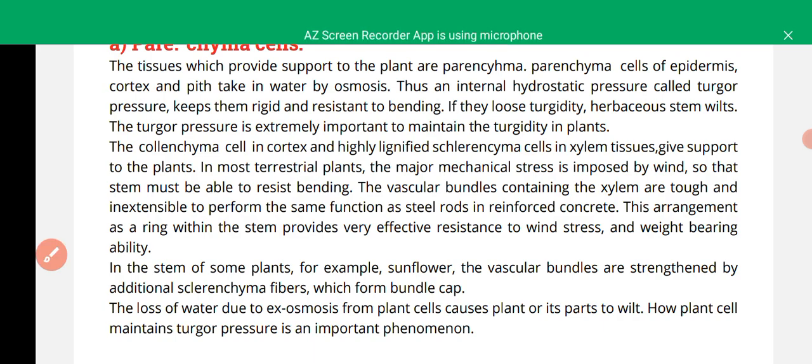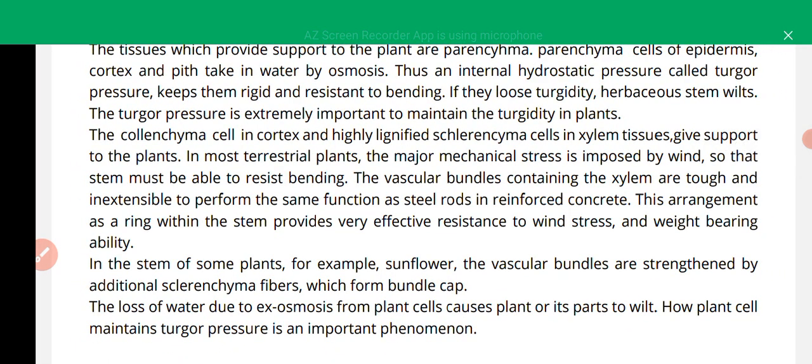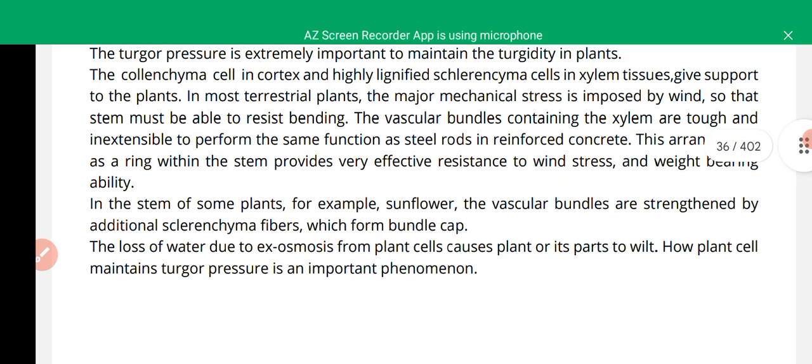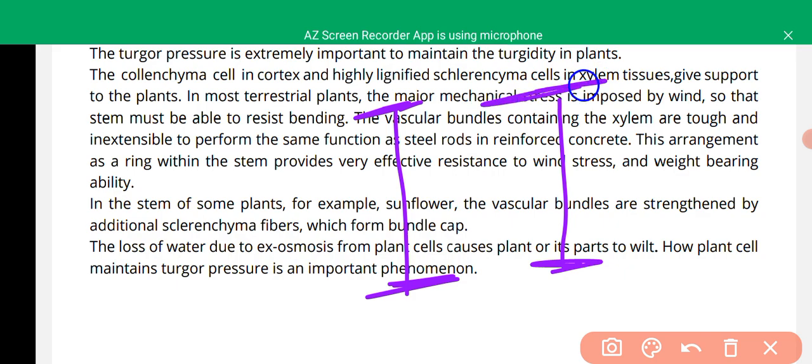So the stem must be able to resist bending. The stem should be so strong that it supports the plant against gravity, against wind, and against other mechanical forces of nature. The vascular bundle, the xylem, is a tough mechanical bundle, and its strength is the same as steel rods of similar diameter.